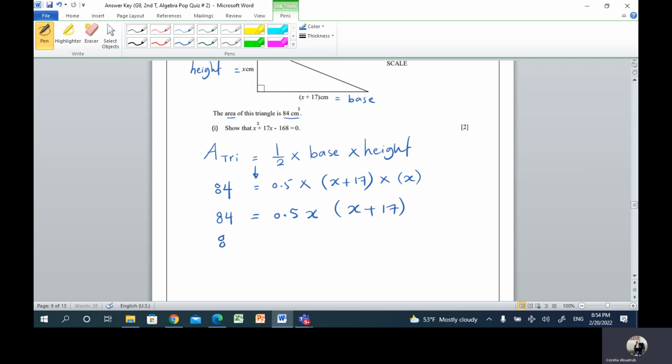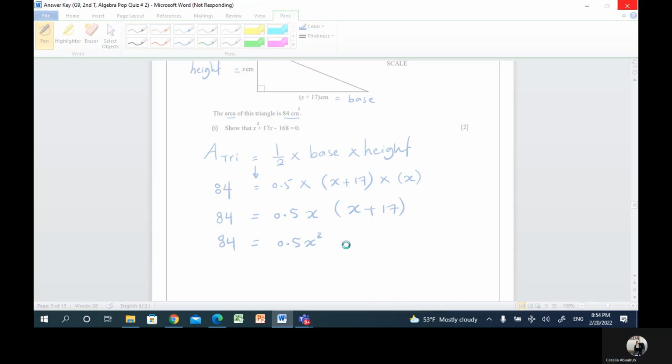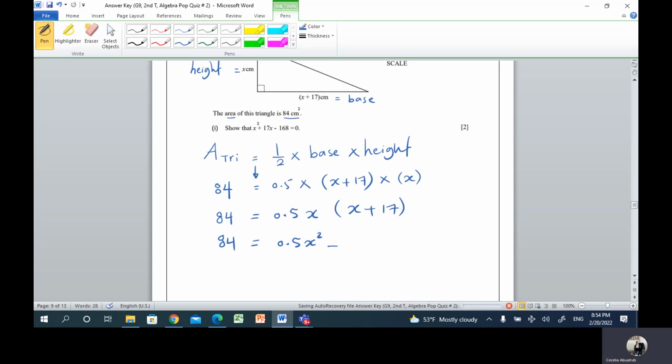So 84 equals 0.5x times x, it's 0.5x squared, plus 0.5x times 17, it will give us 8.5x. Now, it is a quadratic equation.